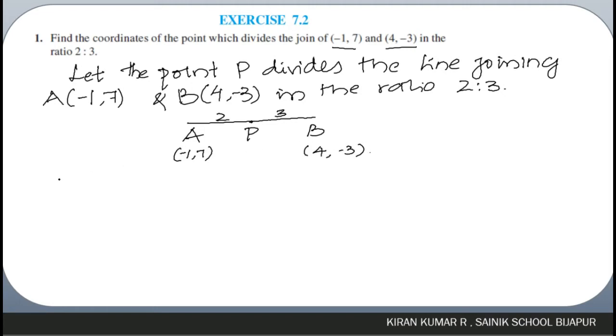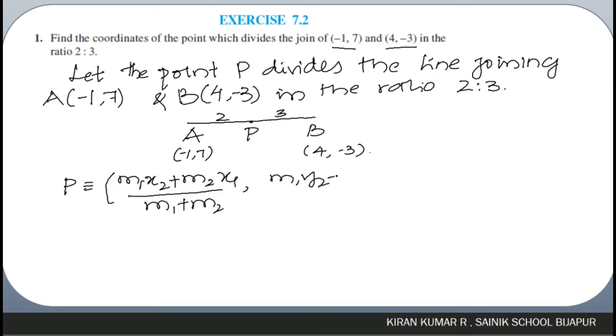We have learned the section formula. The coordinate of point P is given by m1x2 plus m2x1 divided by m1 plus m2, comma, m1y2 plus m2y1 divided by m1 plus m2.